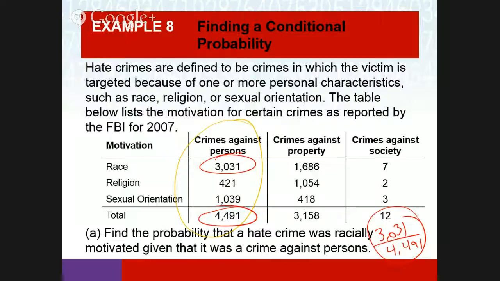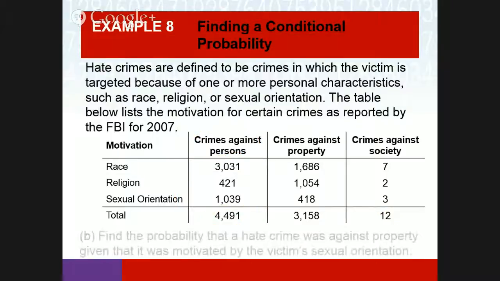Do you see how that information is gathered from the graph? You're not looking at the total crimes, which would be this number plus this number plus this number. If it says given that, a lot of times that is a key that it is a conditional, that there's some condition that you know about. Given that, it's in this category. So how many are in that category divided by the total in that category?